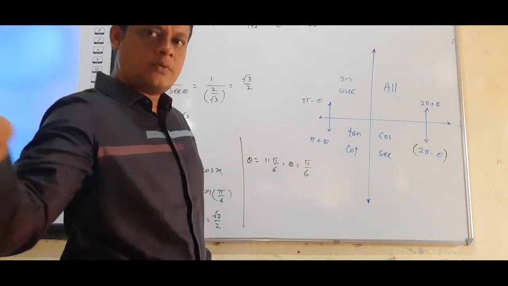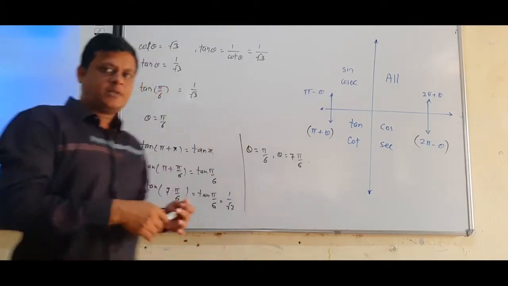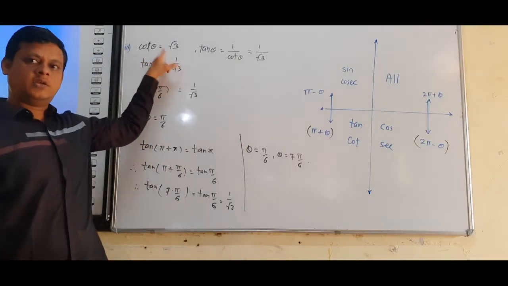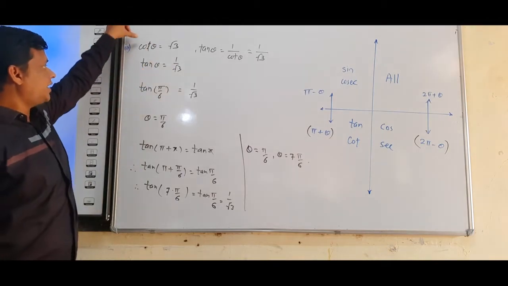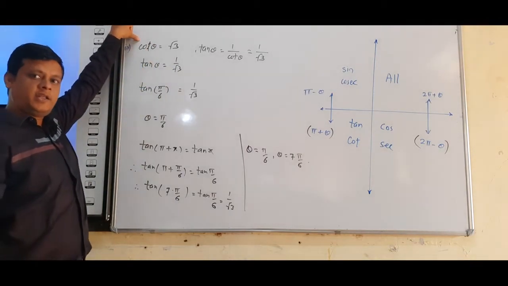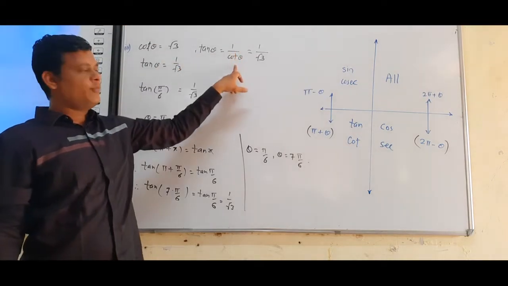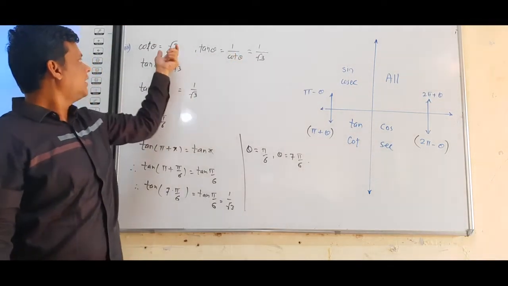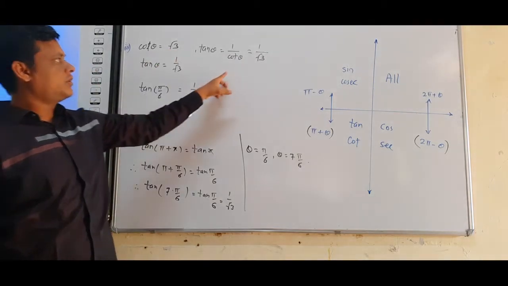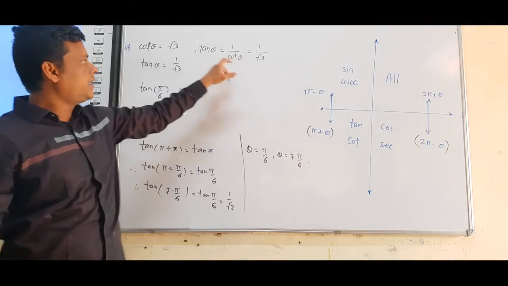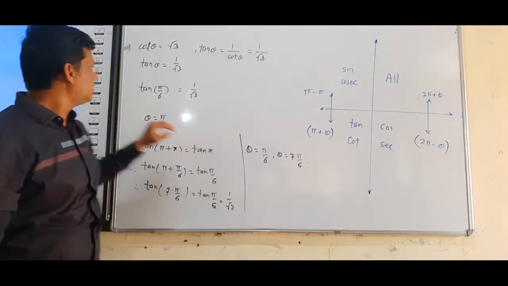Therefore, see the next example. Cot theta equals root 3. In this example also, instead of the cot ratio, we find the value for the tan ratio. So we write tan theta equals 1 upon cot theta. In our problem, cot theta equals root 3, so replace cot theta by root 3. Therefore tan theta equals 1 upon root 3.